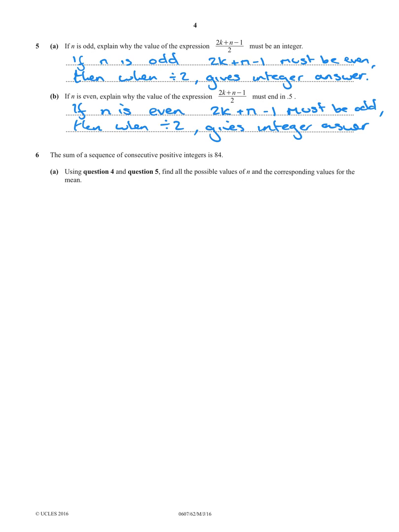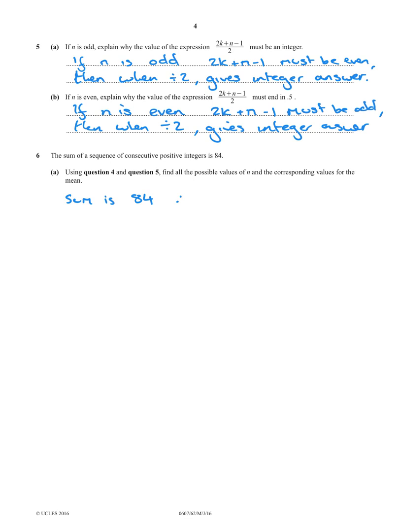So part 6, the sum of the sequence of consecutive positive integers is 84. Using question 4 and question 5, find all the possible values for n and the corresponding values for the mean. So let's just write down some of this information. The sum is 84, which means n times (2k plus n minus 1) over 2 is equal to 84.